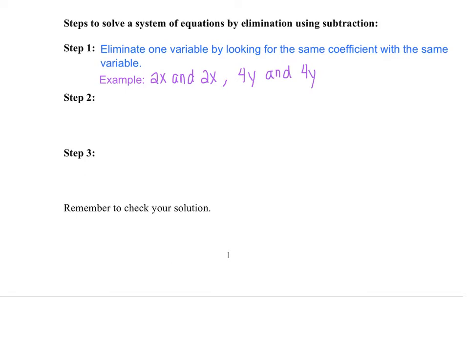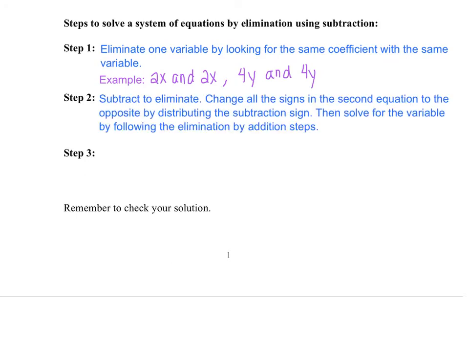Step 2, we're going to subtract to eliminate.